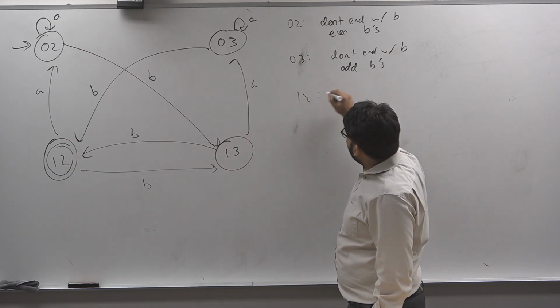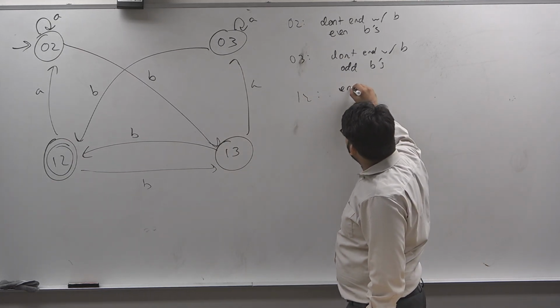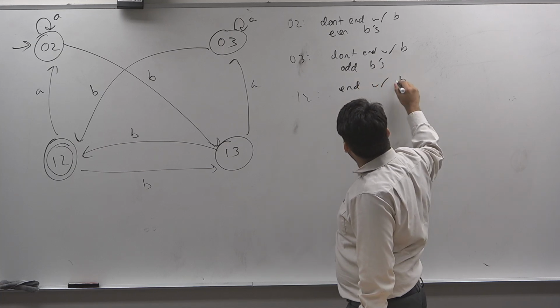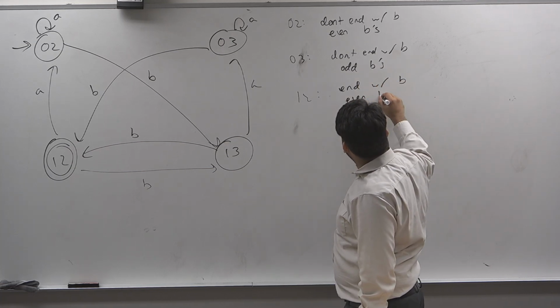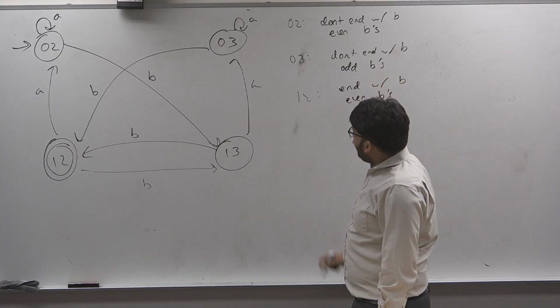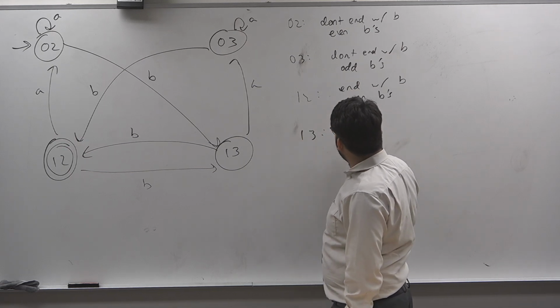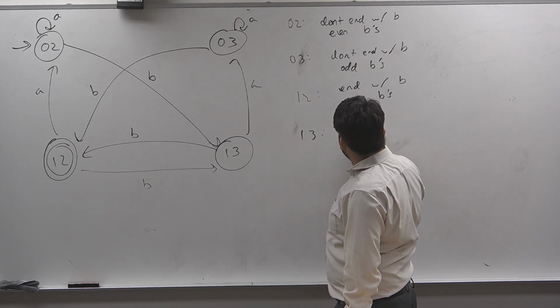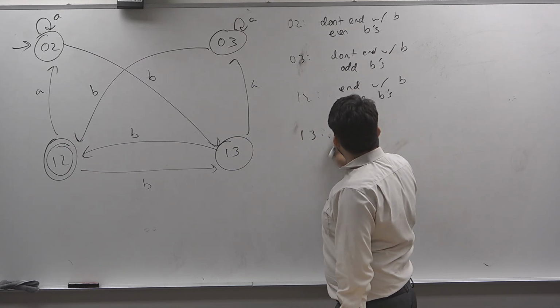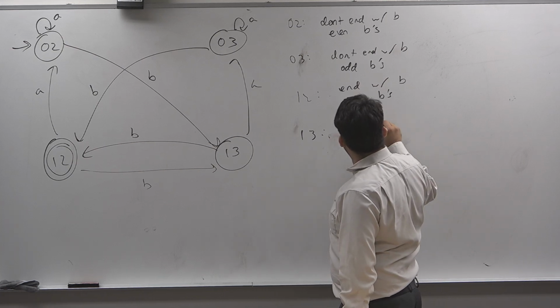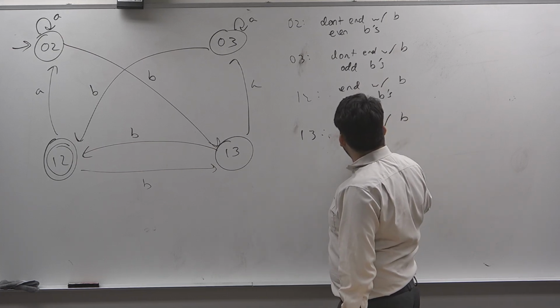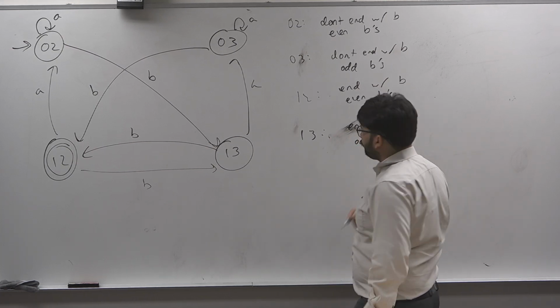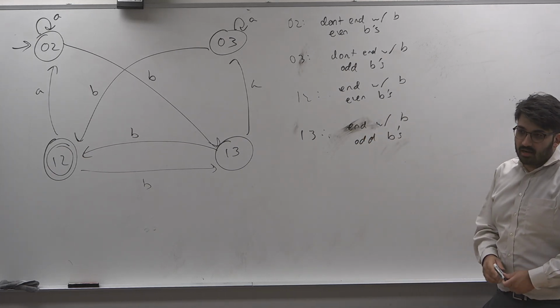State 1, 2 means you end with a B and you have an even number of B's. And state 1, 3 means you end with a B, but you have an odd number of B's. That structure becomes kind of apparent, right?